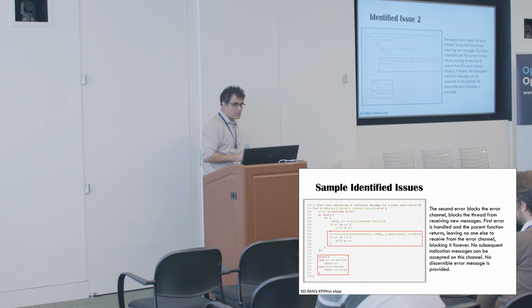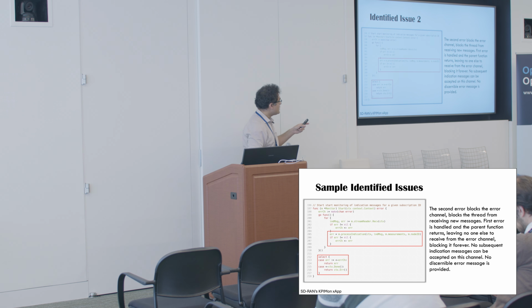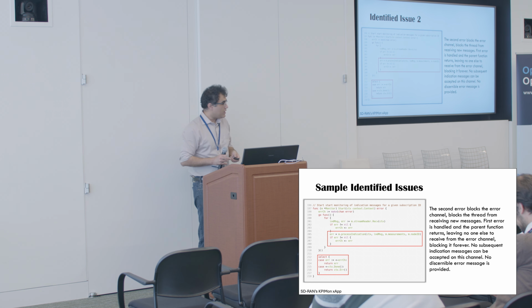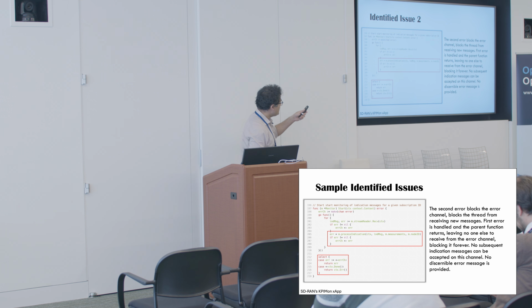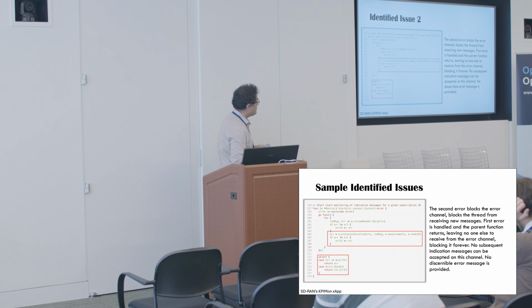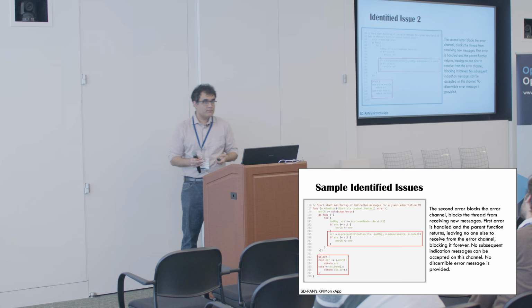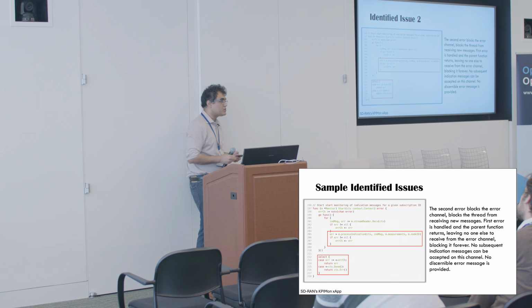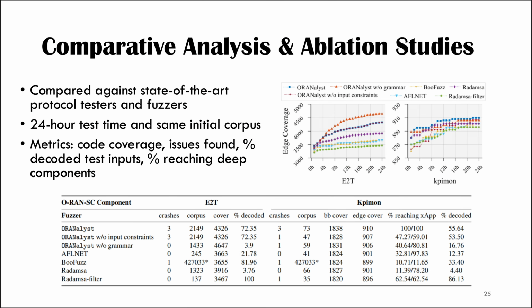If there is any issue in input processing in the top box, they share the error number through a channel. This is written in the Go programming language, and this channel is shared between the main thread and the child thread. But as soon as the main thread receives that input, the main thread returns. If the main thread returns, there is nowhere the child thread can send the error message for the following inputs.